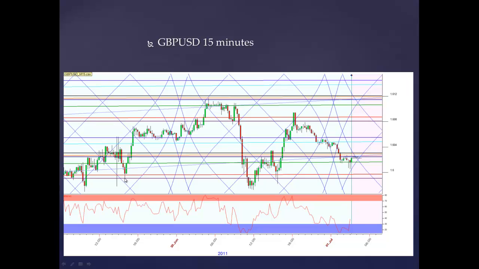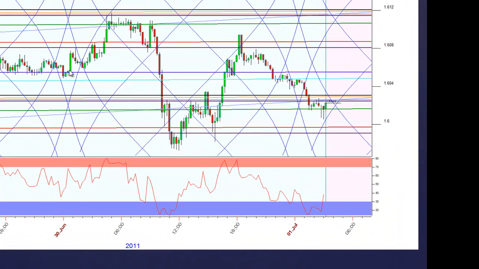It made a higher bottom and pushed through, but again it's resting on Jupiter, then it went up and again met resistance at the clustering cardinal square, and then pulled back. It's amazing to look at this, and it just gives you an edge when you're trading, whatever other techniques you use.